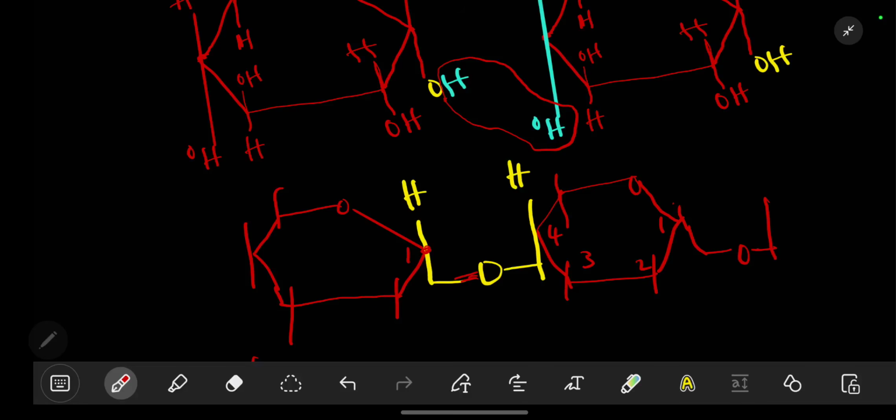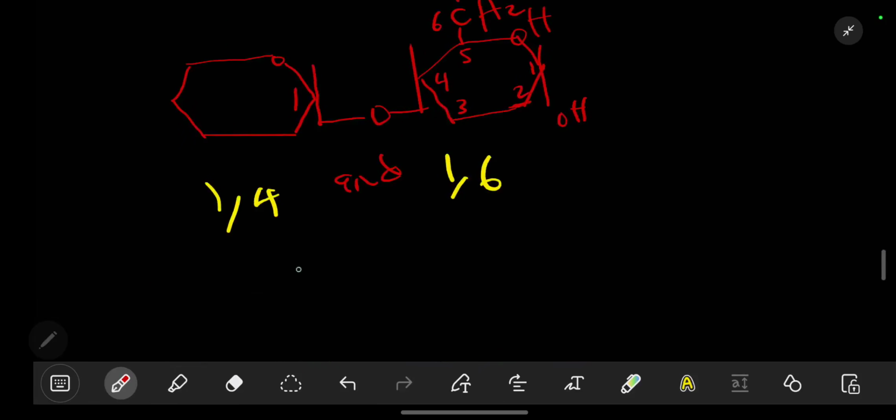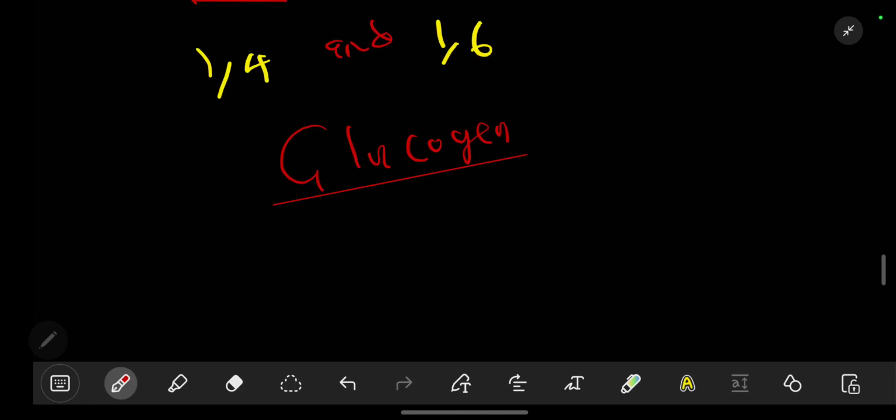So we might have structures that might be formed as a result of this. These structures, the amylopectin, will further branch to produce what we call glycogen, which is the storage form of glucose in animals. This is formed by a combination of 1 to 4 glycosidic bonds and 1 to 6 glycosidic bonds.